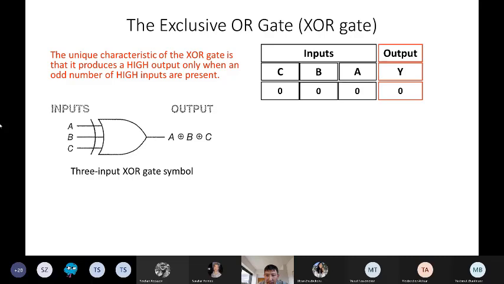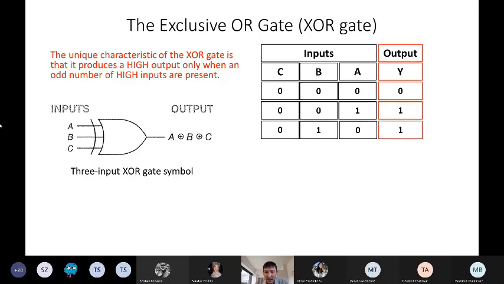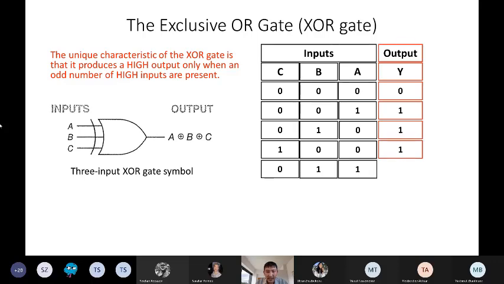Okay, so next, A is 1, B and C are 0. The output is 1. Because the number of inputs is 3, right? But the number of inputs with the high value is only 1, and 1 is an odd number, right? So 1. The same here, we have 1.